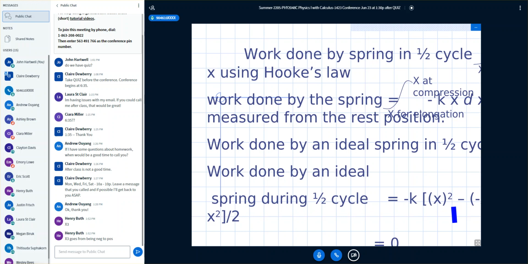The area of the curve then, actually I think it's about 20 and a half blocks, but that's okay. 20 blocks times minus 1.6 Newton meters, which I got from the area of my identified unit block. And I think you'll find that that area was minus 32 Newton meters.